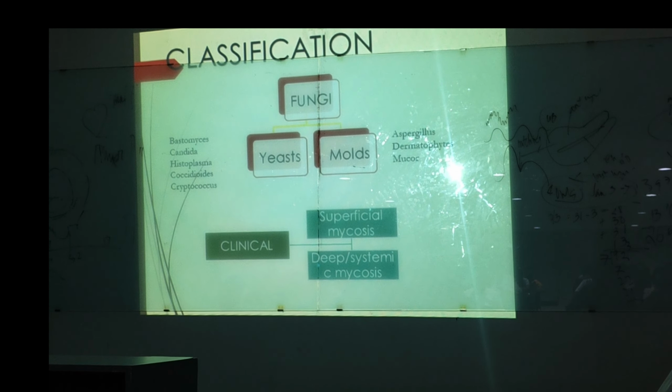Molds include Aspergillus, dermatophytes, and Mucor species, while yeasts include Blastomyces, Candida, Histoplasma, Coccidioides, and Cryptococcus. Clinically, they can produce superficial mycosis or superficial fungal infections, and deep or systemic mycosis or fungal infections.